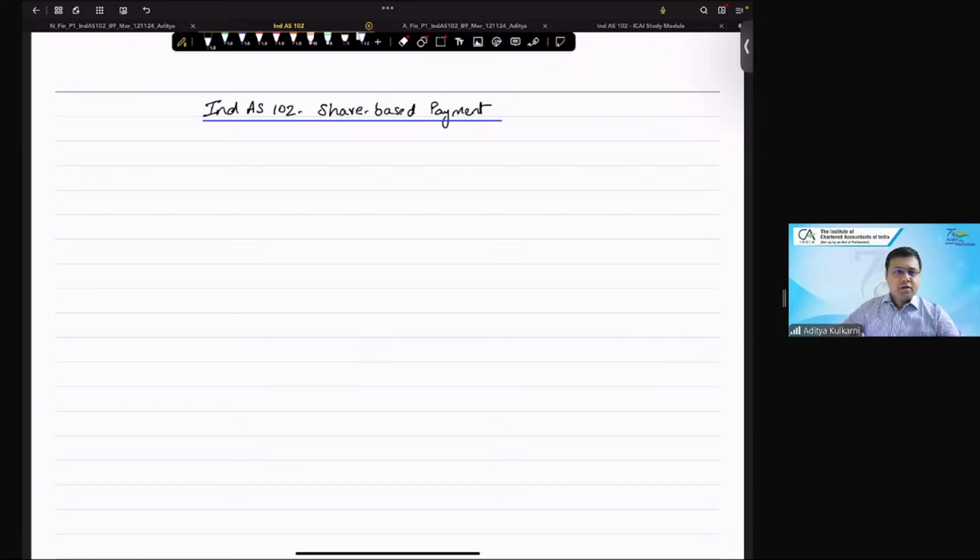Okay, fine. So let us start with Ind AS 102 that deals with share-based payment. How many of you know that there was a guidance note on this? Does anybody know or recollect this matter in your CA intermediate?